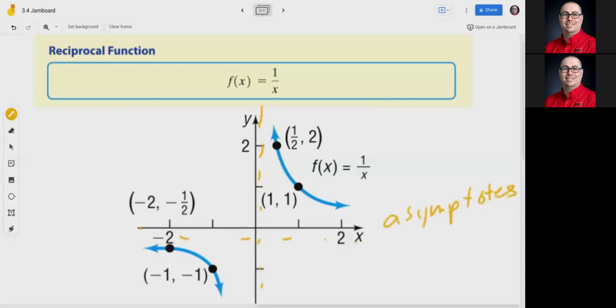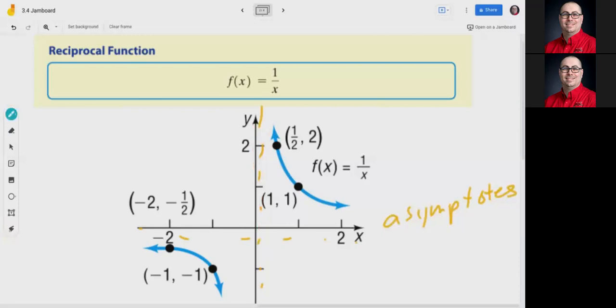So a horizontal asymptote here for the x-axis, and a vertical asymptote here for the y-axis. Now that can shift if the function gets more complex, but it's a line that the curve of the function will not cross. The reciprocal function has that.